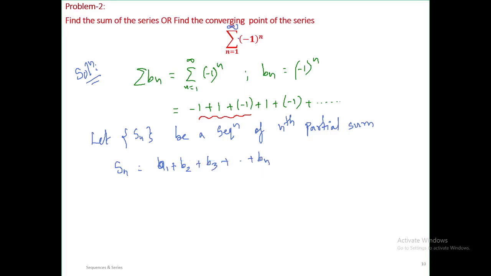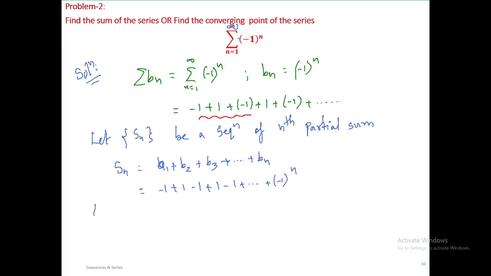It means minus 1 plus 1 minus 1 plus 1 minus 1 and so on. The last one is minus 1 to the power of n. So this is the sequence of nth partial sums.